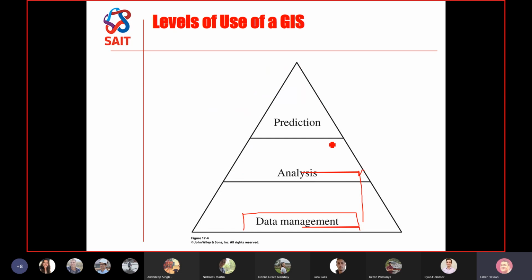And finally, the highest level of GIS is called prediction, where I can use my system to predict a phenomenon that is happening in the future. Now, in terms of how many people work at each level, at the bottom of the pyramid, most GIS users work in data management, fewer work in analysis, and very few work in prediction. That is the highest level of GIS.